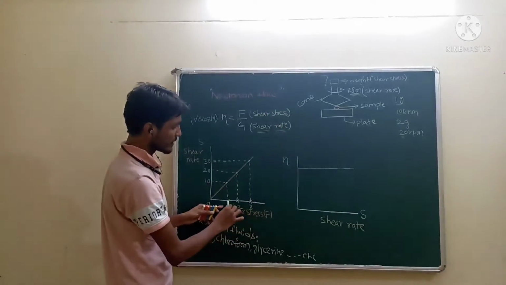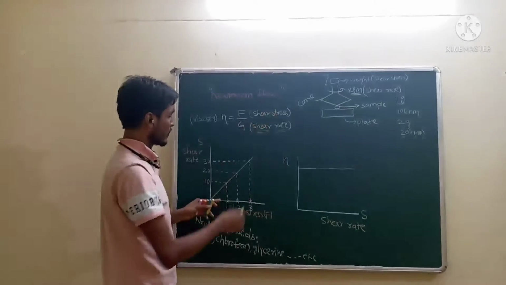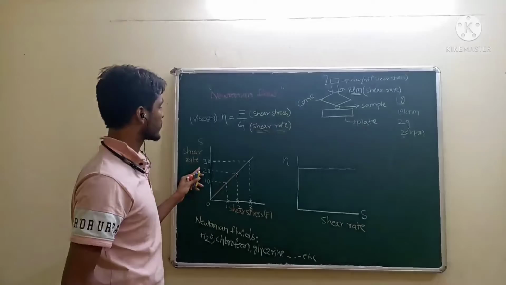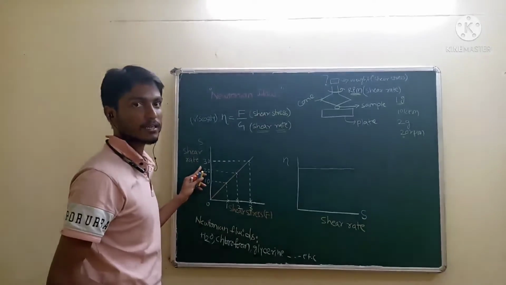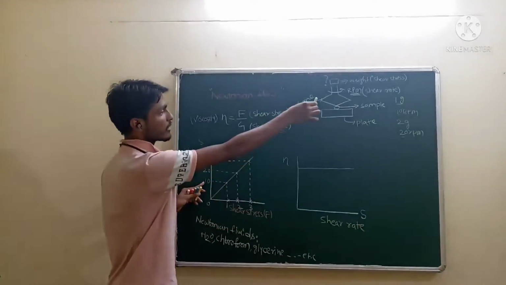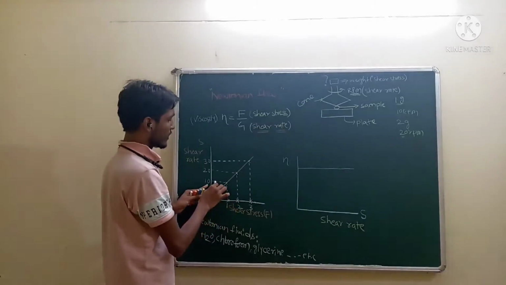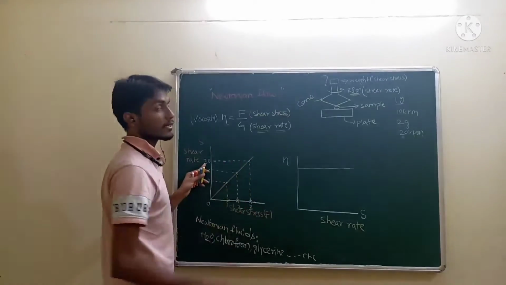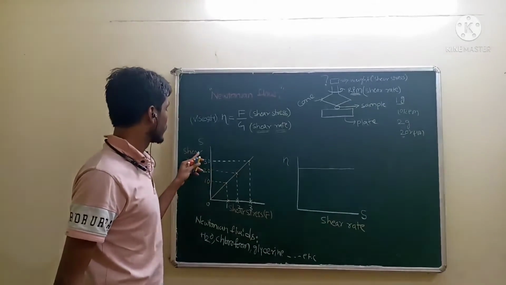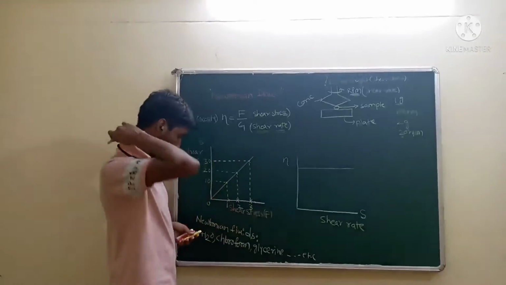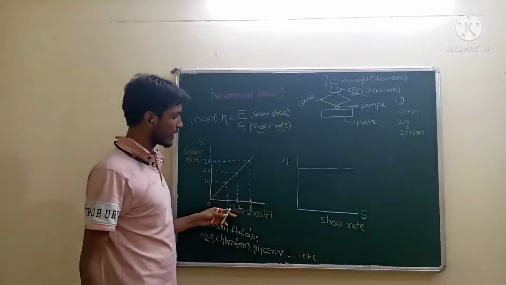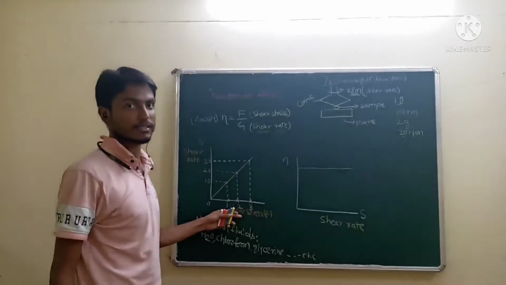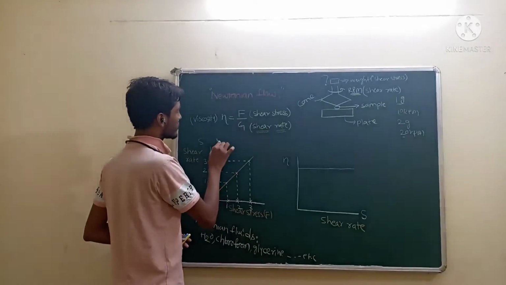Whenever you increase the weight, the shear rate, means revolutions, will increase. Like, I have added 1 gram, then 10 rpm, 2 grams, 20 rpm, 3 grams, 30 rpm. So this means shear rate increases proportionally with respect to shear stress in case of Newtonian liquid.